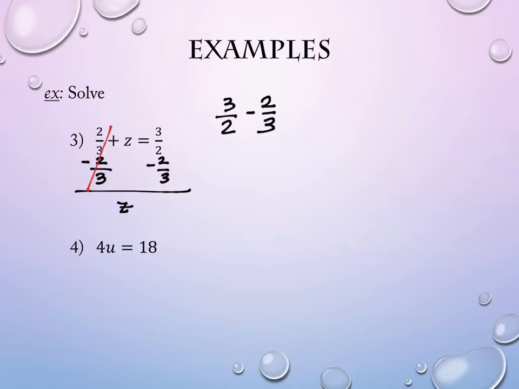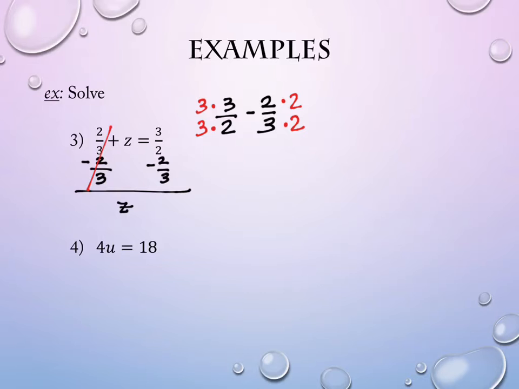So would you like to do the one where I did my crosses and the smiley face, or do you want to do it with least common, the way it was? All right, it is 6, yeah. So if I were to multiply this 2 by 3, top and bottom, and multiply this 3 by 2, top and bottom, I would achieve that 6 that you mentioned a moment ago.